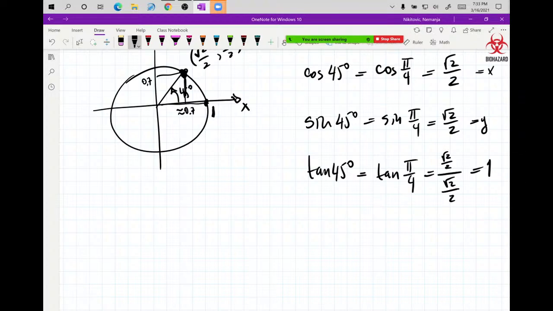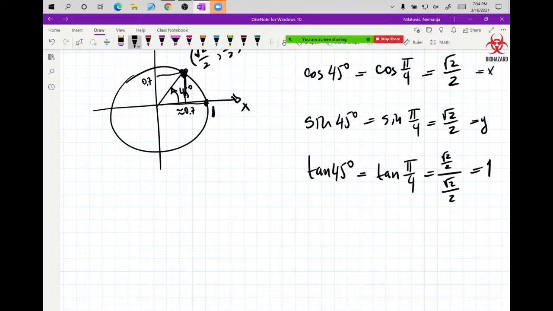And that was y divided by x. Then the cotangent is x divided by y. It's also 1. And the other ones are root 2 and root 2.